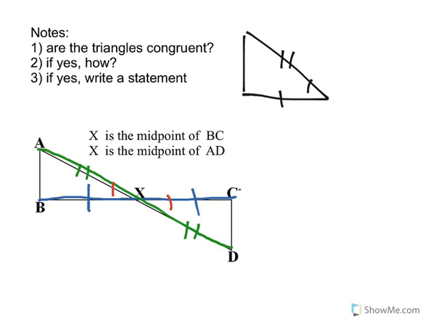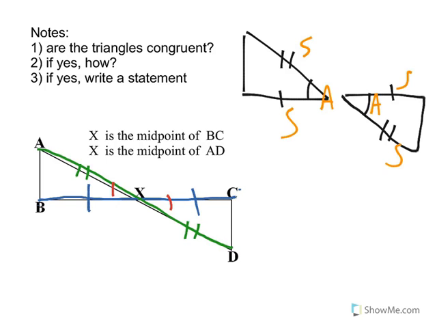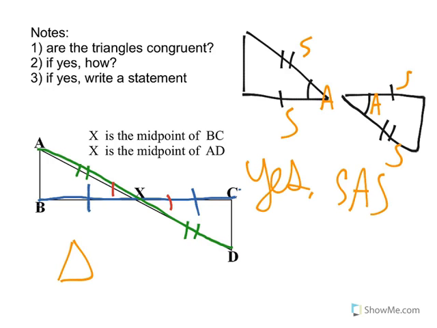So, drawing that outside of the picture, I have SAS, side, angle, side, in both of them. So this is a yes, by side, angle, side. So I could say triangle AXB is congruent to, so I went through a double and then through a single, triangle DXC.